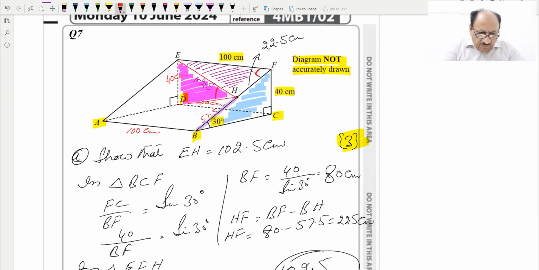So we have two sides, 102.5 and 40, and first of all we will be finding HX.